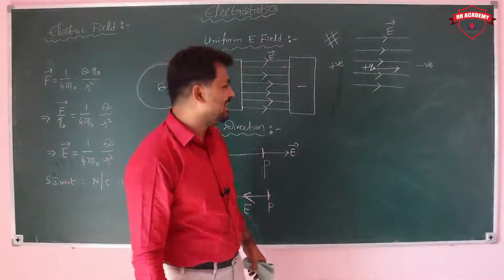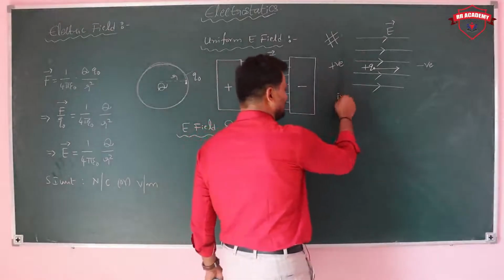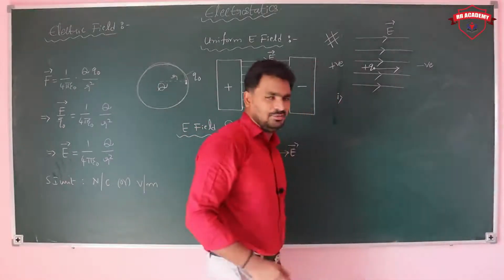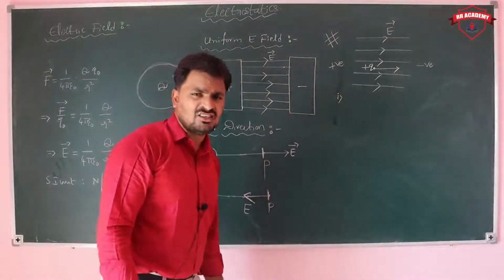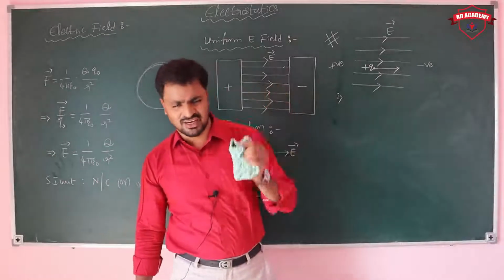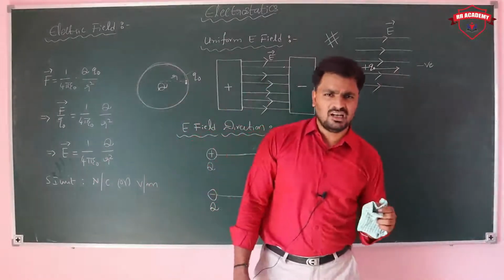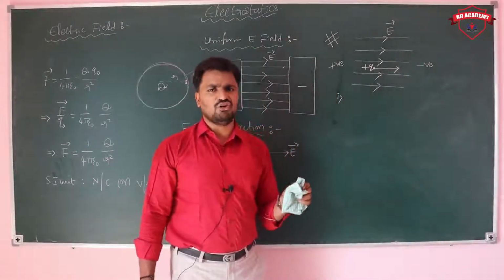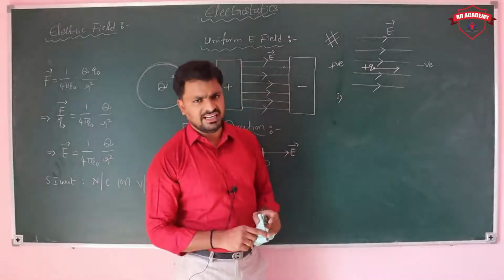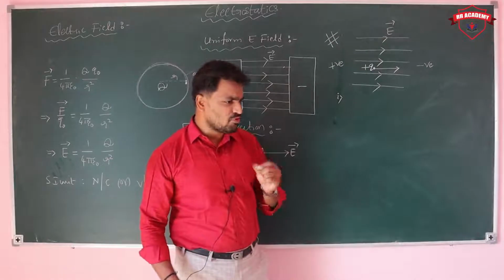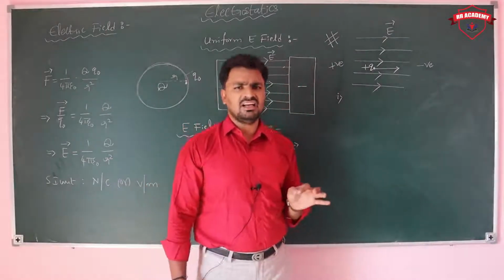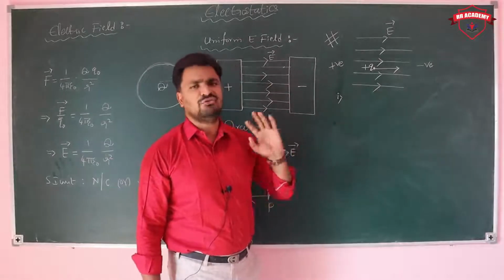Write down a point here: a positive charged particle is placed in a uniform electric field, then the particle is moving along the field direction.